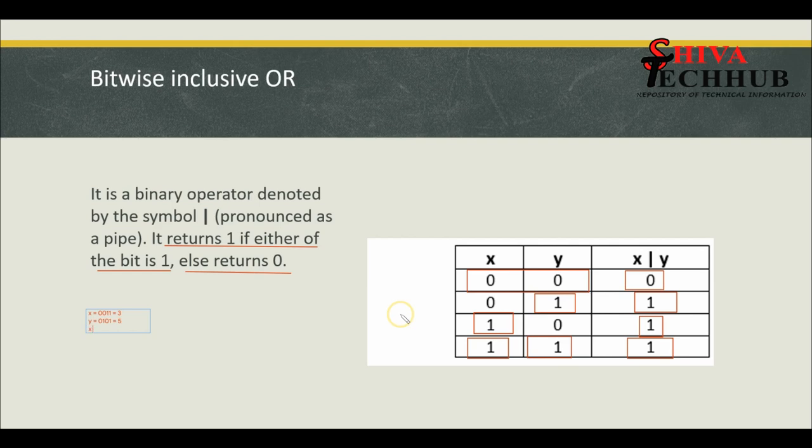Then x pipe y, or x inclusive OR y, we got 0111, which according to the 8421 format will be 7. So if you perform the x inclusive OR y operation with x value 3 and y value 5, the result will be 7.